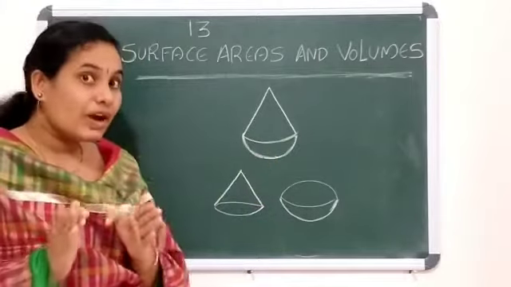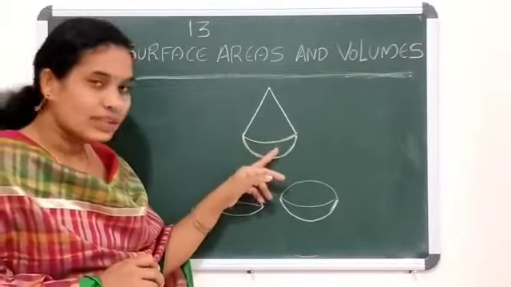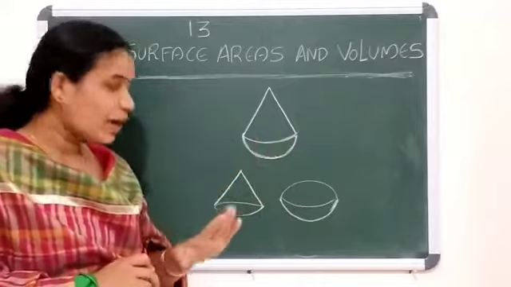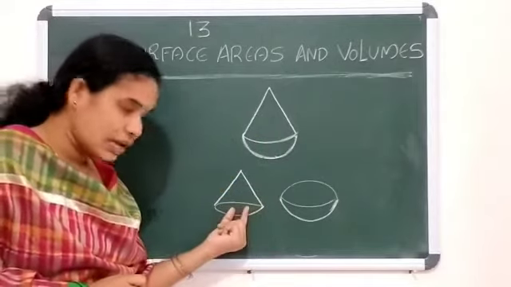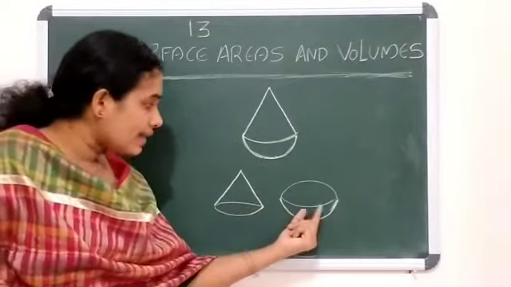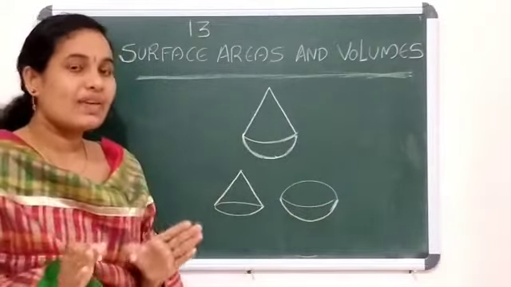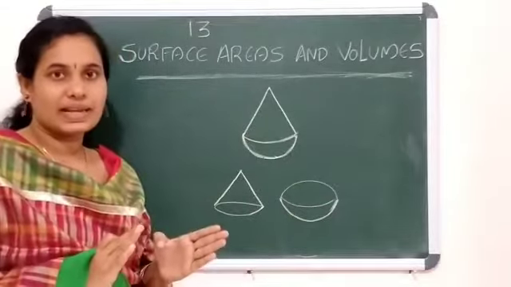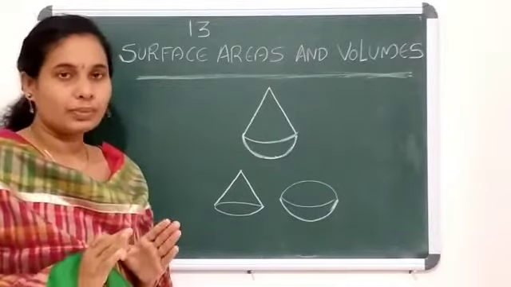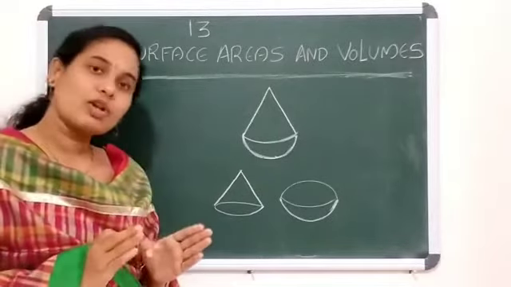So if we want to find the surface area of this new solid form, we add the curved surface area of this cone and the curved surface area of this hemisphere. In this way we can find the surface area of any solid form which is a combination of two or more solids.